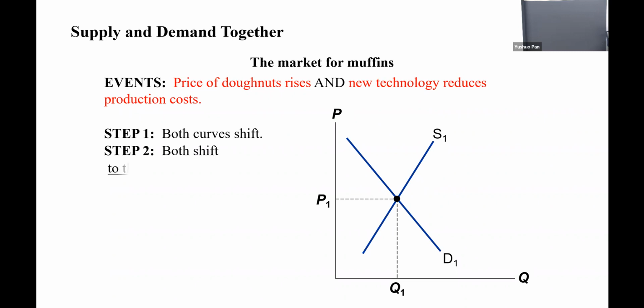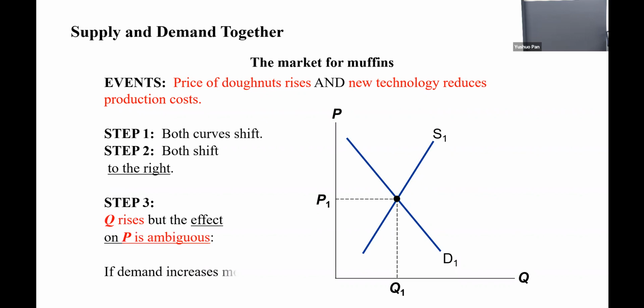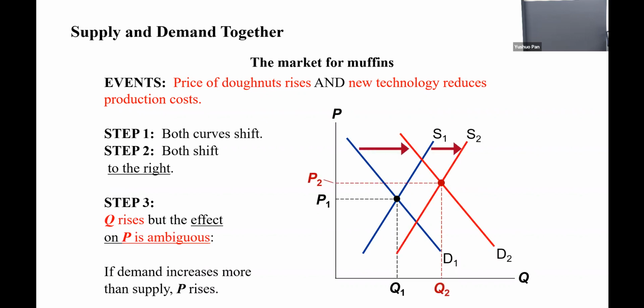Both curves shift. If the demand curve shifts by a larger amount than the supply curve, then you can see that's the result. Both the P and Q increase, right?